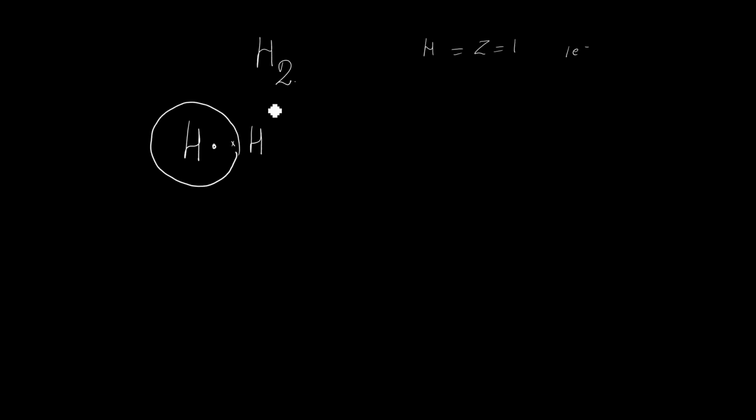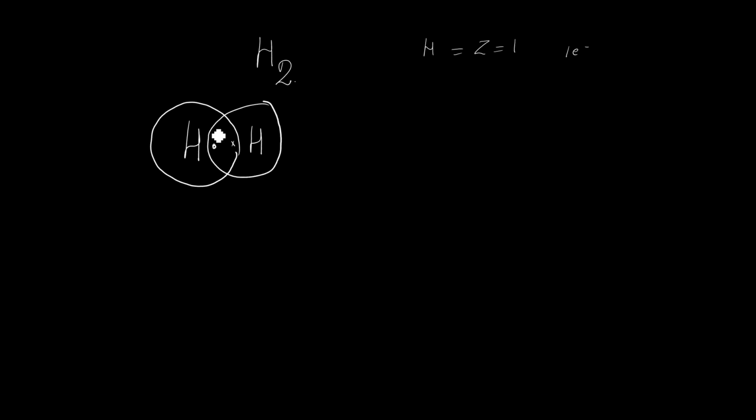Let's see another example. Hydrogen molecule. Again, hydrogen atomic number is equal to 1. It has one electron in the outermost shell. So one electron of hydrogen and one electron of another hydrogen. Encircle both the electrons, and here also both the electrons.